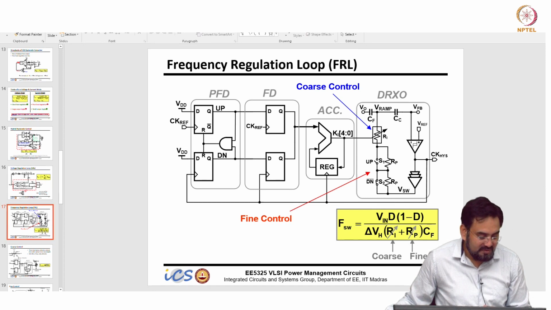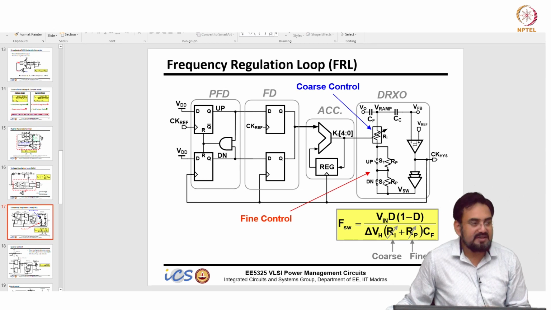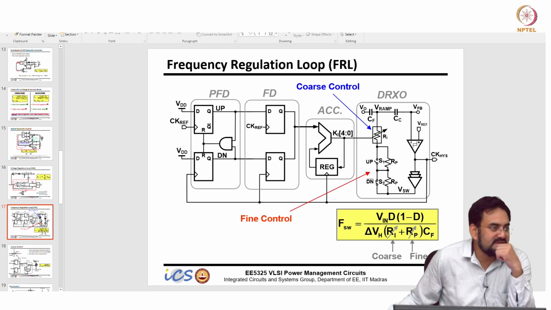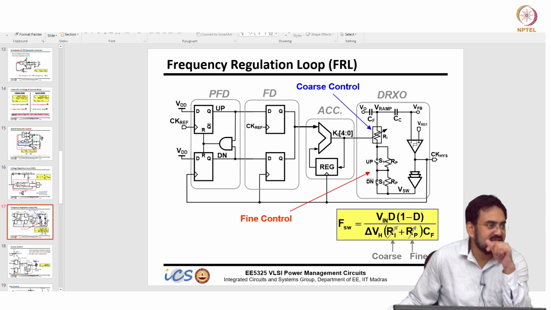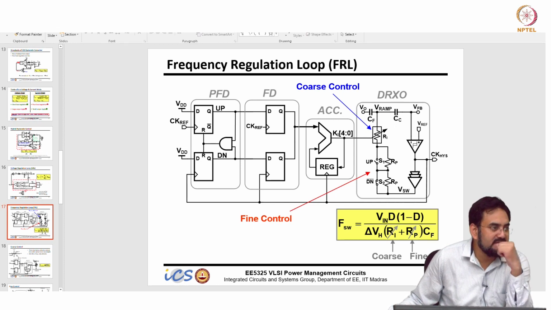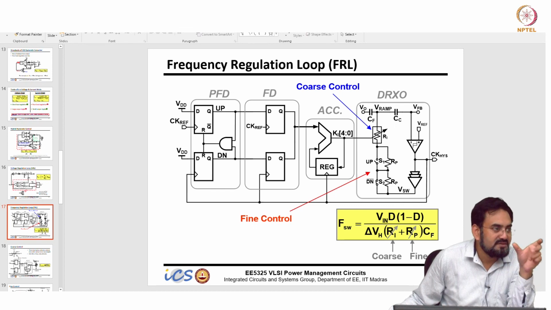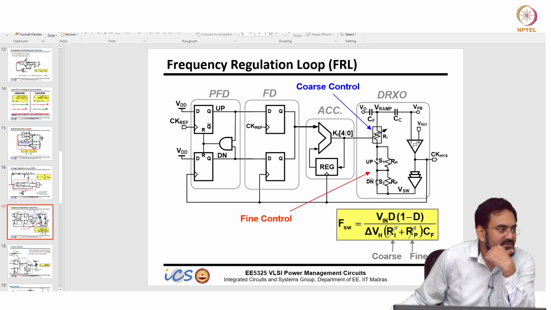Do you guys remember that we talked about this switched GM? We had a GM with a switch, and the PWM will control the GM of that. The same thing can be applied to a resistor also, correct.